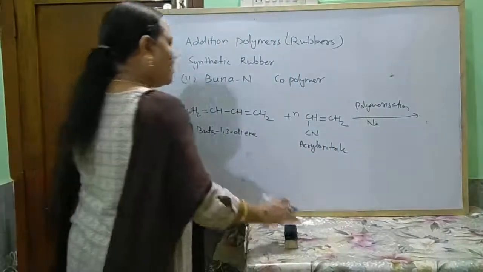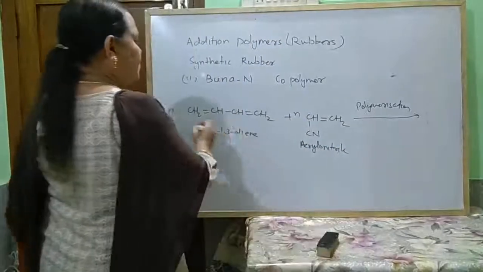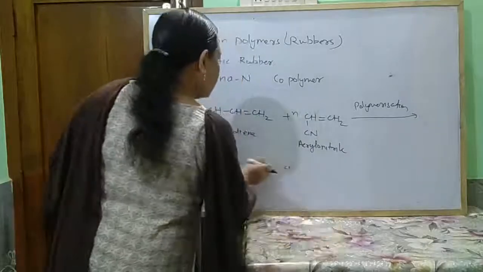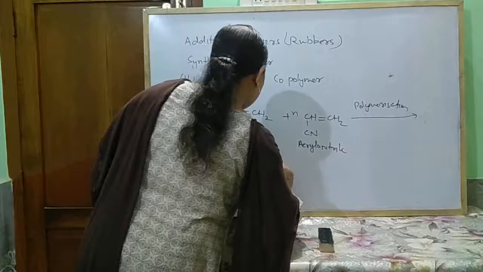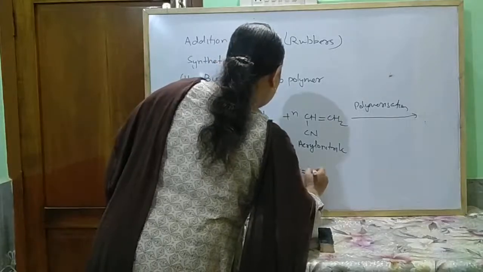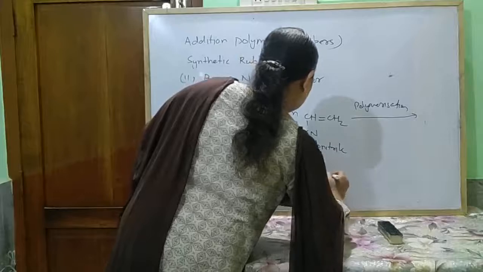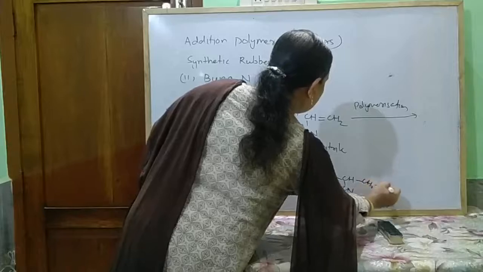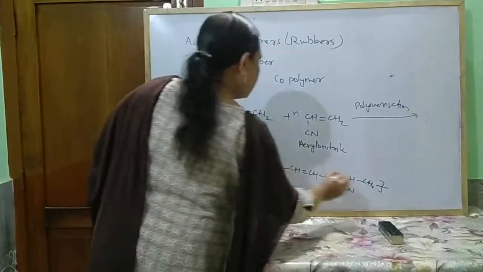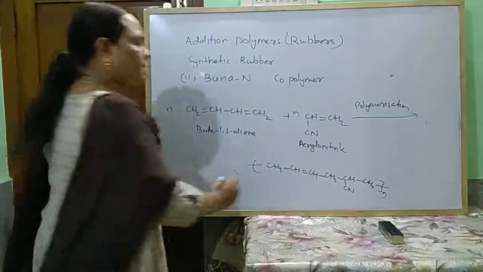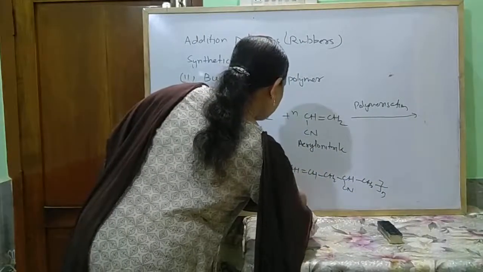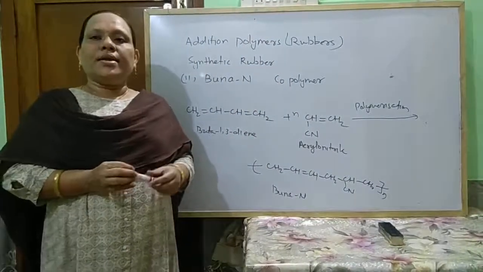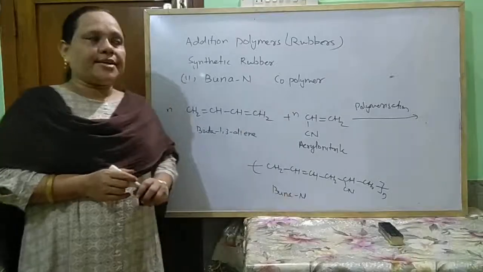This unit combines to form Buna N. CH2. This undergoes polymerization to form CH2, CH, CH, again CH2, CH, CN, CH2. This is Buna N, and this Buna N is used in making oil seals, tank linings, etc.